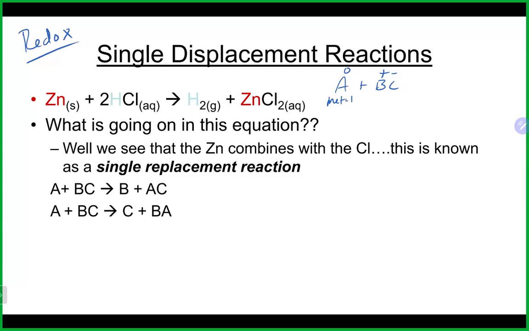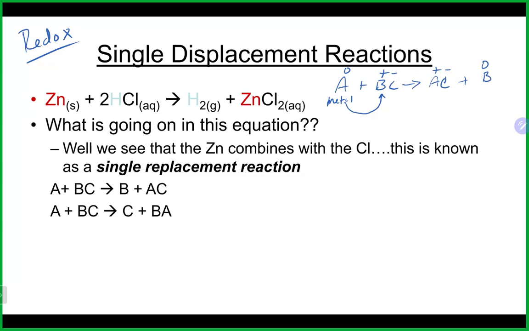But when metals do have charges, they become positive, which means when they come in, they will kick out the positive guy. That's a good way to remember it. When a metal comes in this type of reaction, it will kick out the positive guy that's there. At that point, it will gain a charge and make a new ionic compound. And the one that had the positive charge originally will come out with no charge.